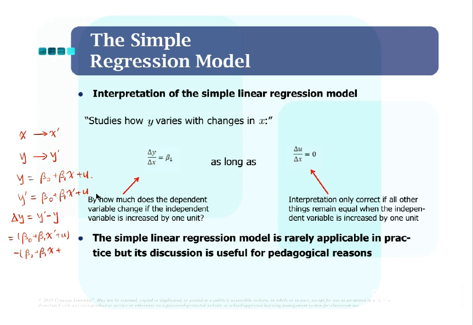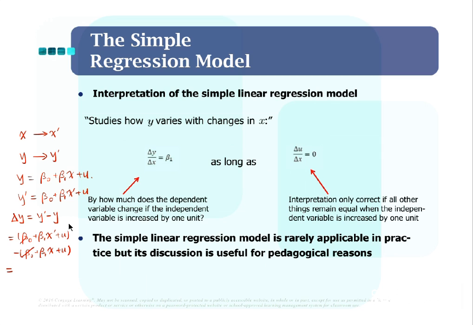So I just write out the expression of y prime and y. And here we can see that beta 0 and beta 0 cancel out, and we assume that u is not changing. The error term or disturbance term is not changing, so it also cancels out.